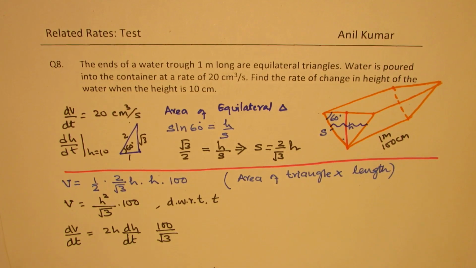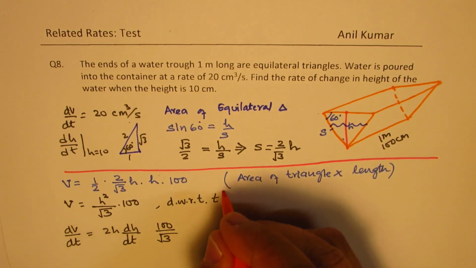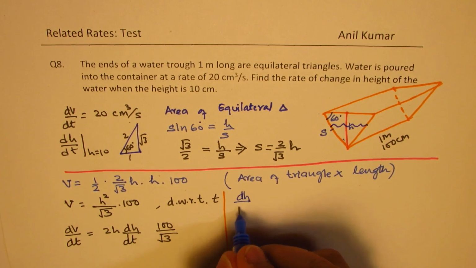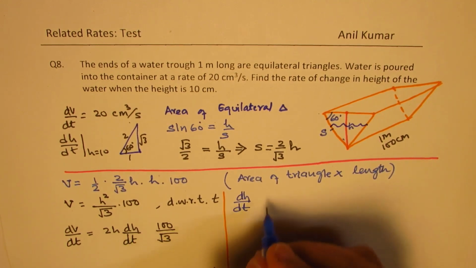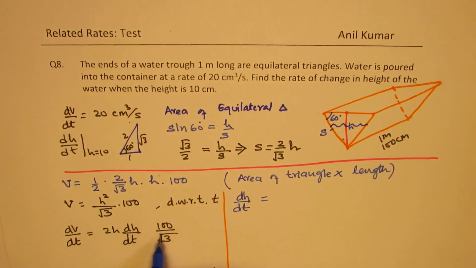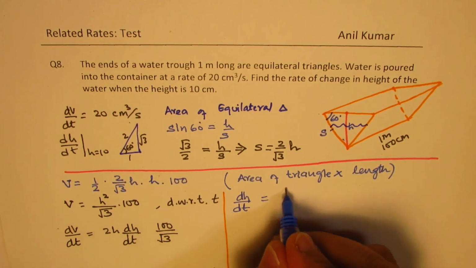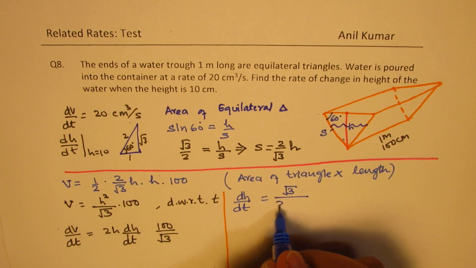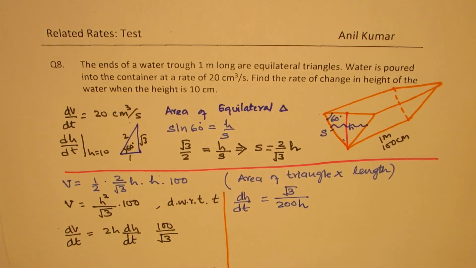So we can just substitute these values. So we can isolate dh/dt. So we have dh/dt, rate of change of height, is equal to, that square root 3 will come in the numerator, over 200h, correct?